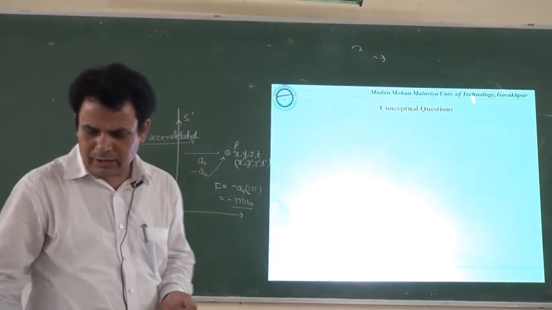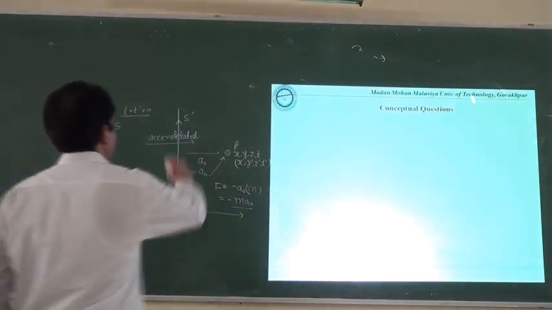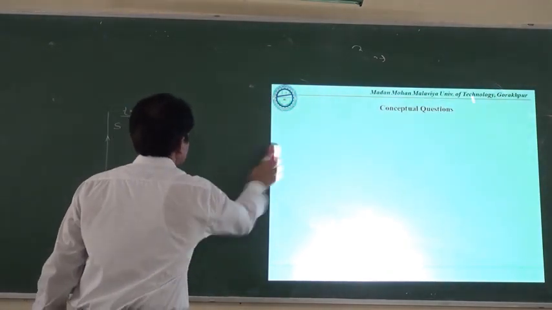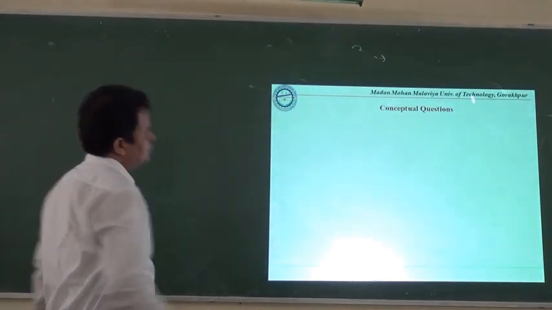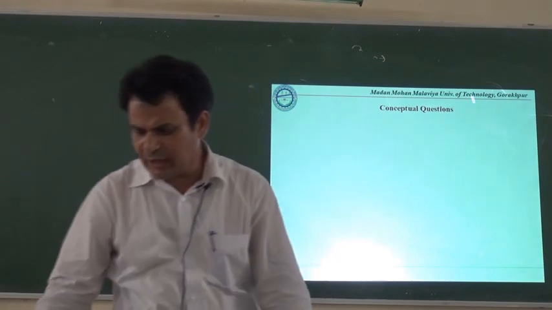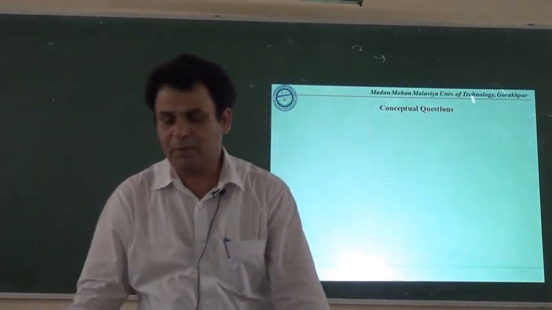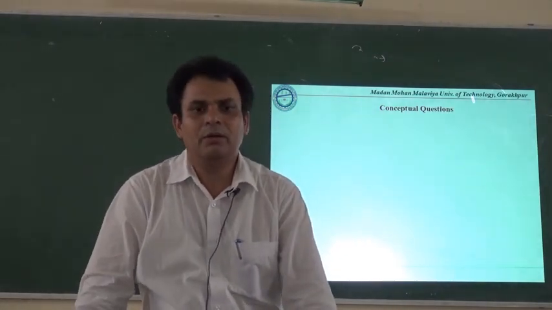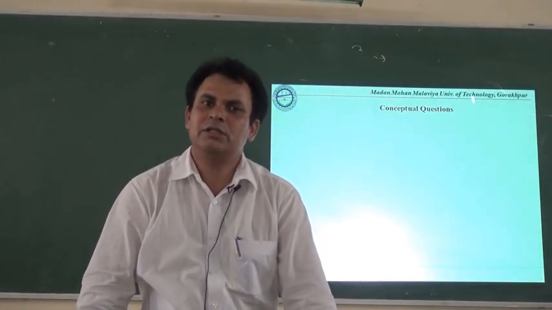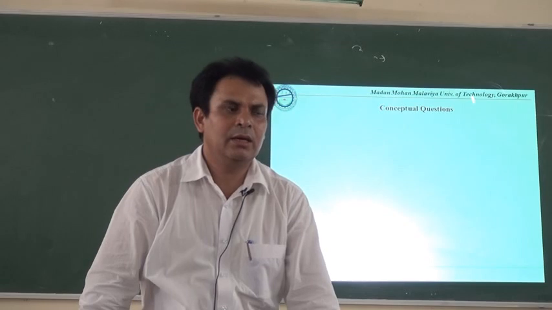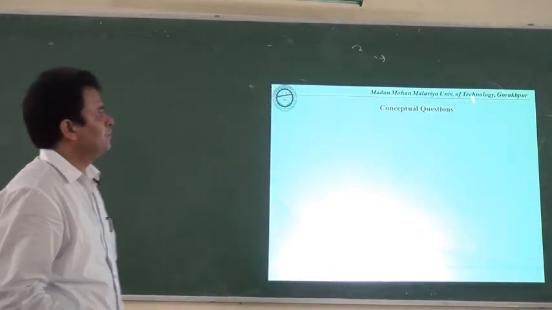Now let us have some conceptual questions, because in physics it has mostly been experienced that if we are reading theory, then without solving problems we never realize what the principle really says.